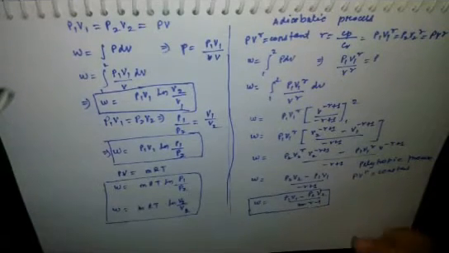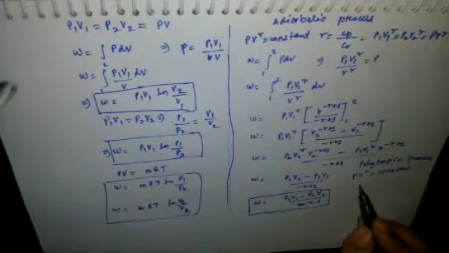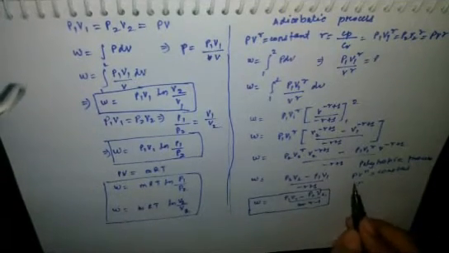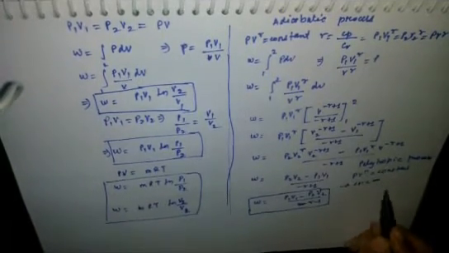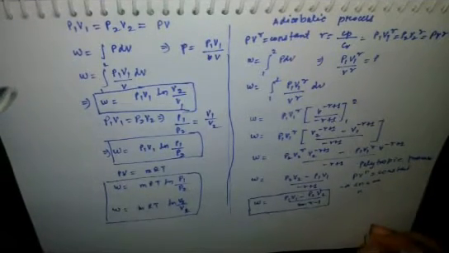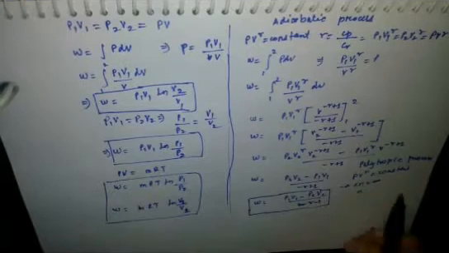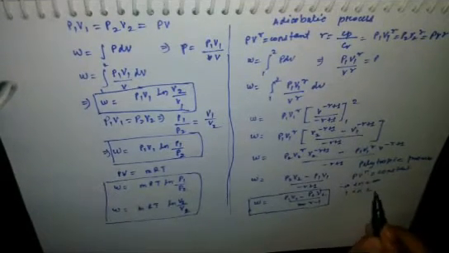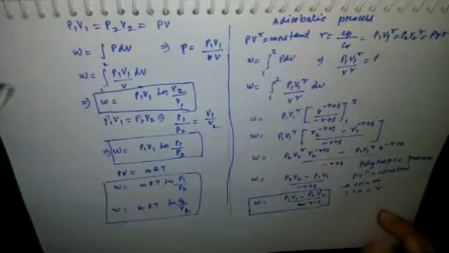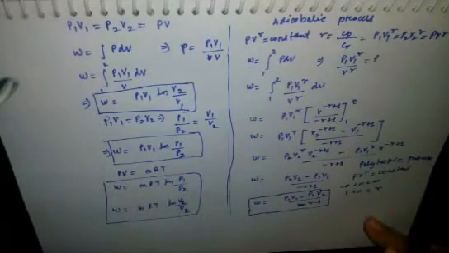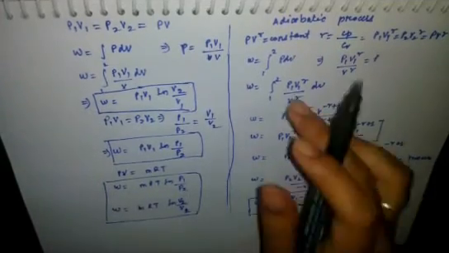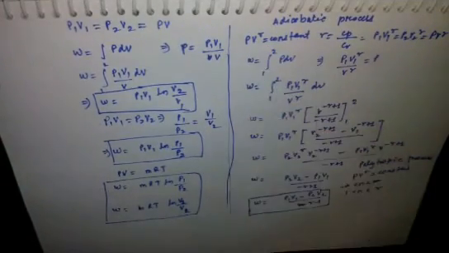Here n in theory varies from minus infinity to infinity, but on the basis of the devices that we use, n varies from 1 to gamma. Gamma is the ratio of Cp by Cv. This is similar to the adiabatic process.